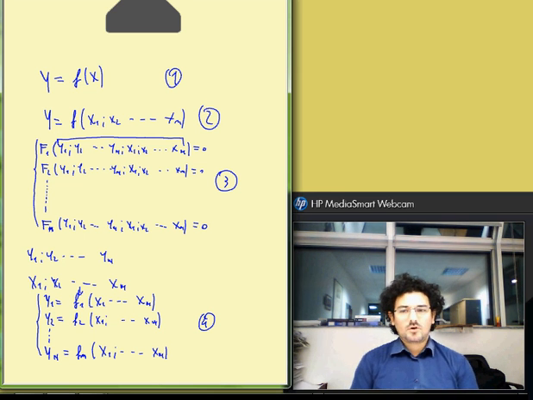If we can solve the model, we can write a reduced form of the model, the same as system 4 shows.